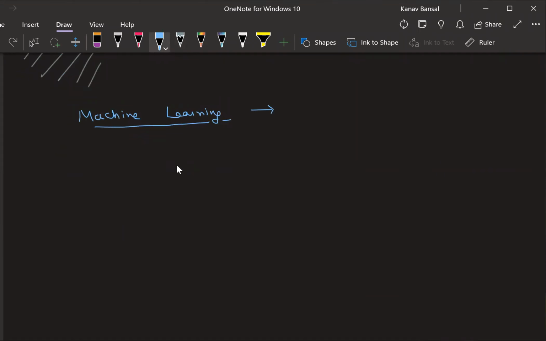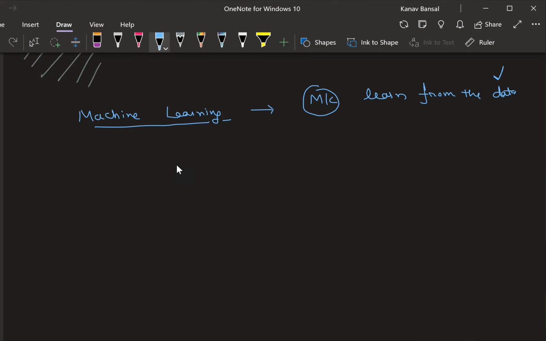If I can make my machine learn from the data, so that in future I don't need to explicitly program the machine to do some task. If I have some data available, I will make my machine learn from the data instead of explicitly programming or coding the entire thing.